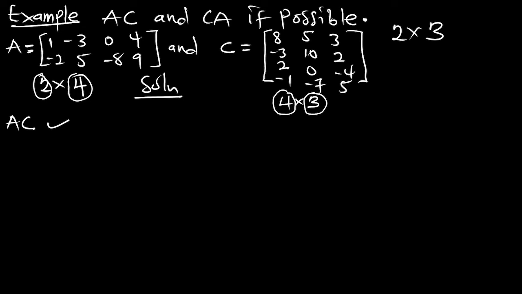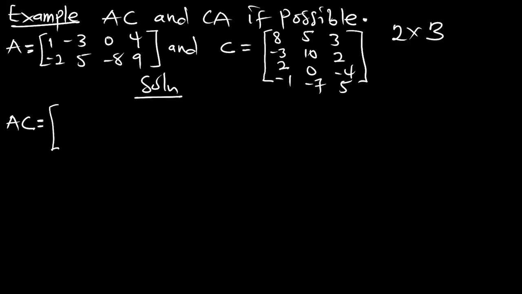Are you okay? 2 rows, 3 columns. So let's get to work. I will write my matrix again as 1, negative 3, 0, 4, and also negative 2, 5, negative 8, and 9.